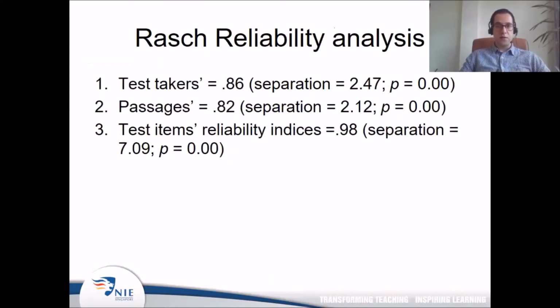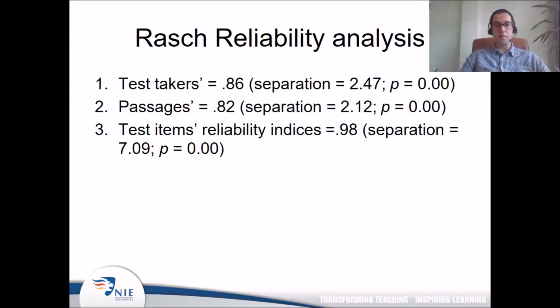This is an indication of the discrimination power of the test, which every test developer desires to have. In other words, we would like to have two or more levels of differentiation between the test takers, and that is very evident from the high Rasch reliability of 0.86 and separation of 2.47.